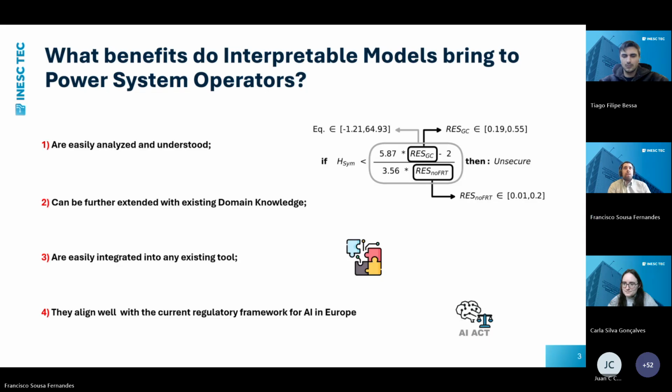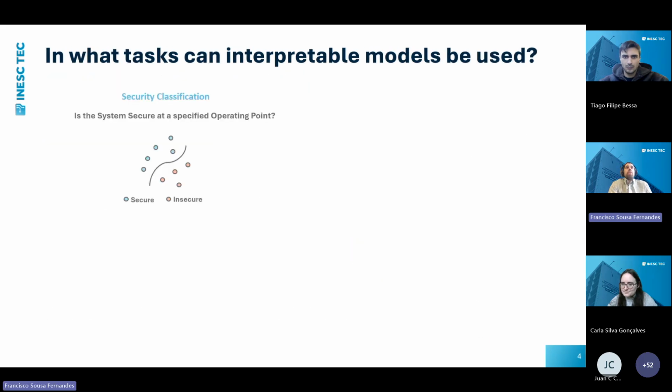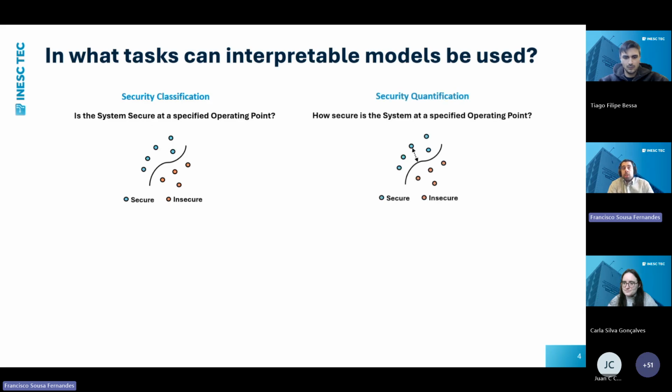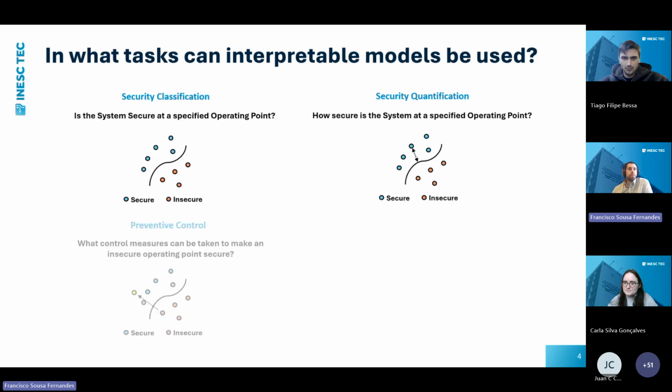Okay. So, in what tasks can interpretable models like this be used? For security classification, which is the task where we have to classify an operating point as secure or insecure. For security quantification, which would be to say how secure or how insecure a system operating point is.